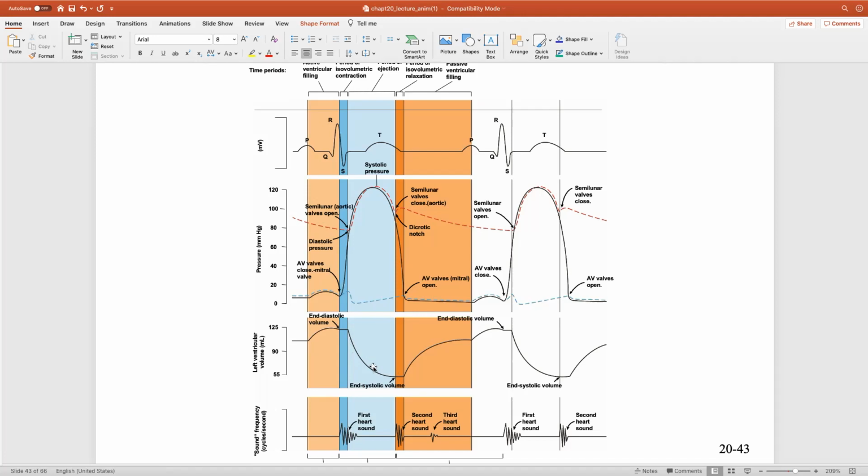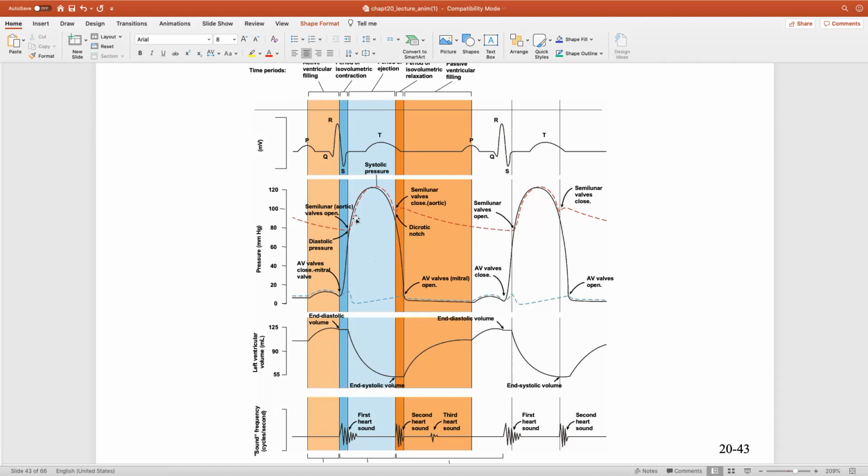Meaning the amount that's ejected, our stroke volume of 70, divided by how much we had at the very start, 125. 70 divided by 125, 56%. And again, when your heart is at rest, anything higher than 52 to 56% is considered a pretty healthy heart, right? You're ejecting more than what's left over.